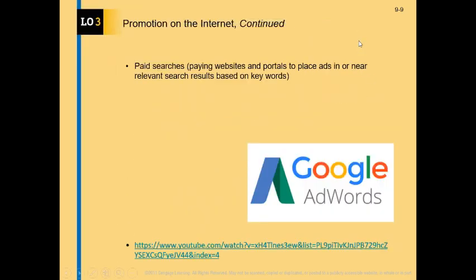So what are some types of communication tools available for the marketer in the digital scope? Well, paid search is probably the most salient, the most visible, and the one we as consumers are maybe more exposed to. And I would like you to watch this video.